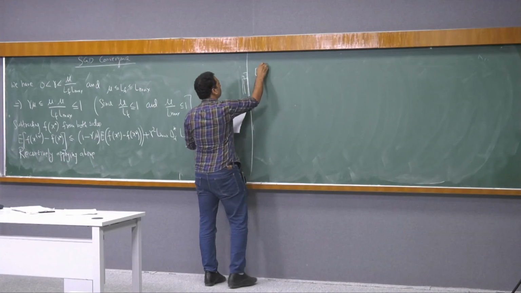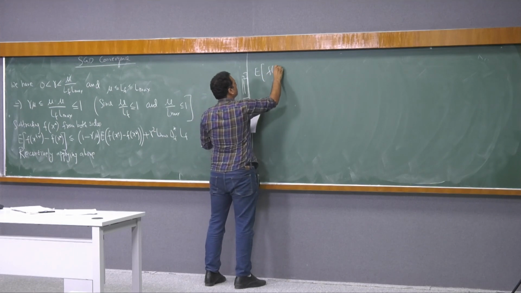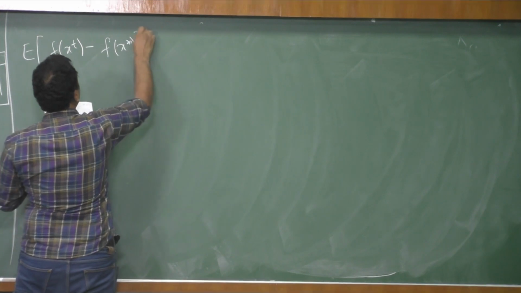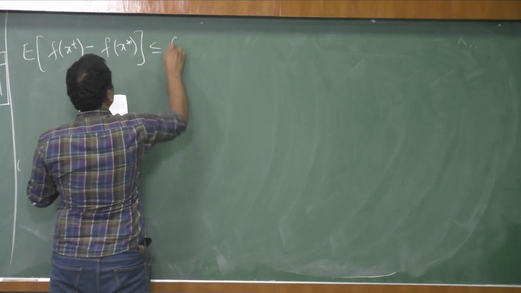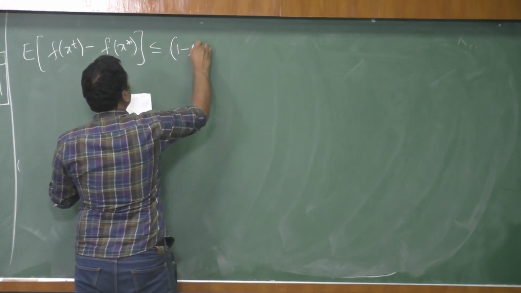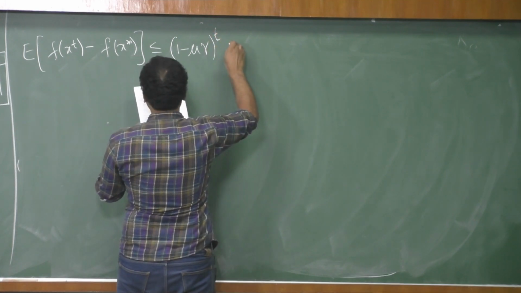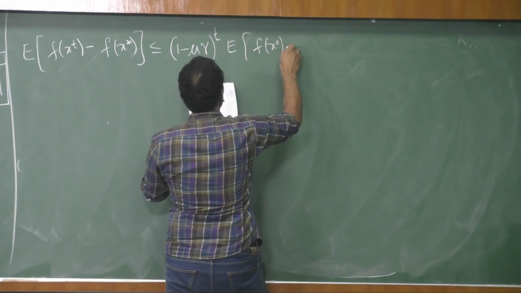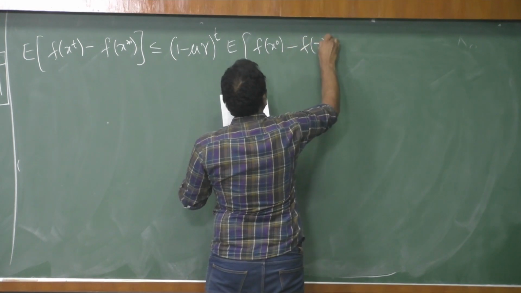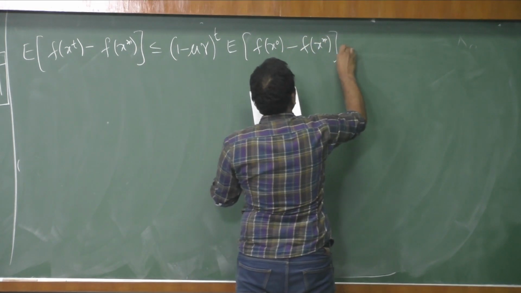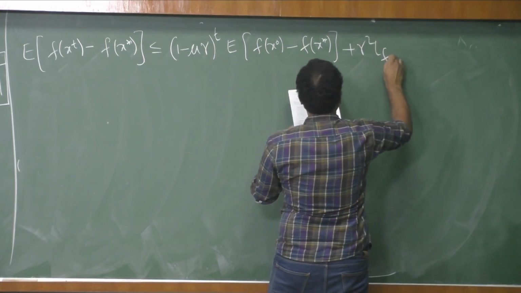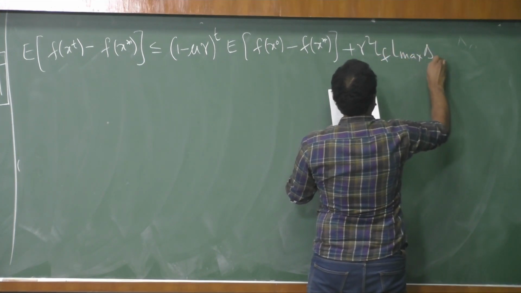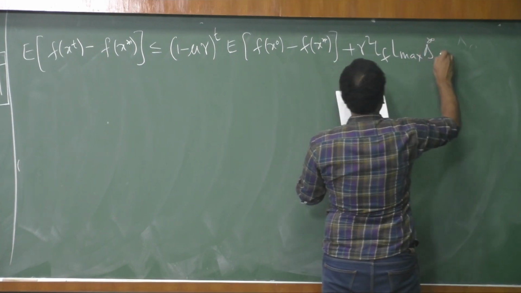Then we get the expectation of fxt minus fx star is less than equal to 1 minus mu gamma to the t, expectation of fx naught minus fx star, plus gamma square LF L max delta f star.